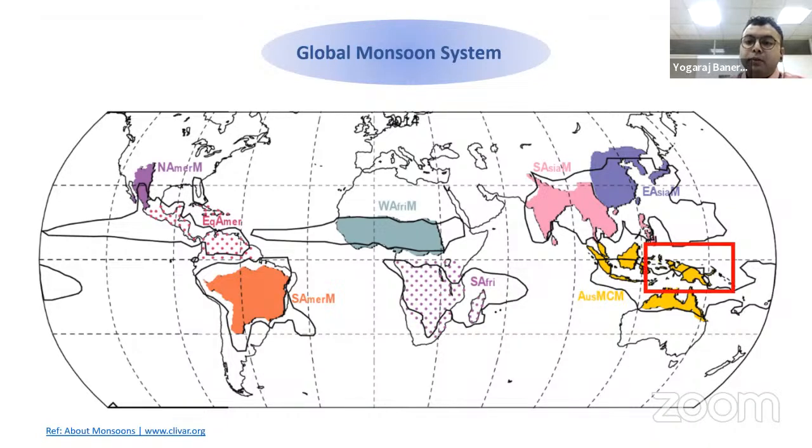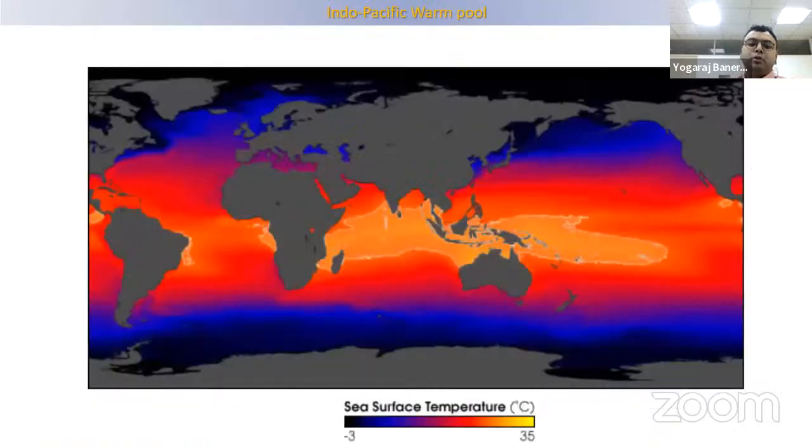Our focus in today's talk is on the Indonesian Australian monsoon realm, especially the Indo-Pacific Whirlpool region. The Whirlpool region is a very important portion of the earth, which produces an enormous amount of heat.